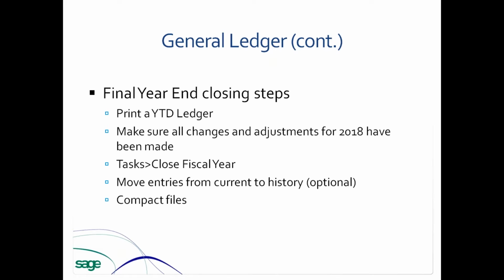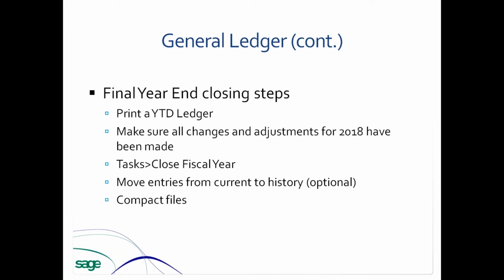Now there's also a move command for current to history, again for general ledger. If you have been on the system for years and you've never moved information to history, you might think about doing this and compacting your current file. What I would recommend is that current only represents the current year.